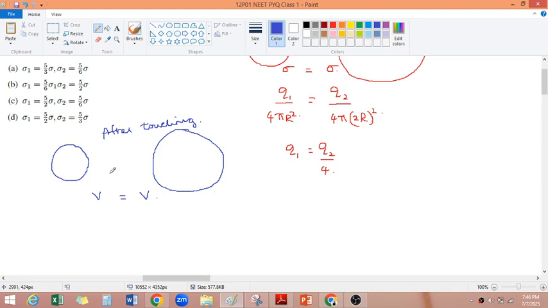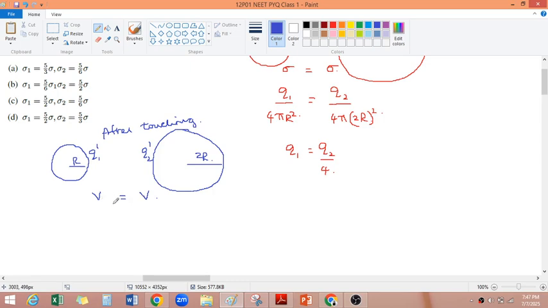So I think the charges will be different now. Q1 dash, Q2 dash, and this is R and this is 2R. No change in the radius. They are asking you to find sigma 1 and sigma 2. Area is known, but I don't know Q1 dash, Q2 dash. What is the easy method to obtain Q1 dash and Q2 dash?